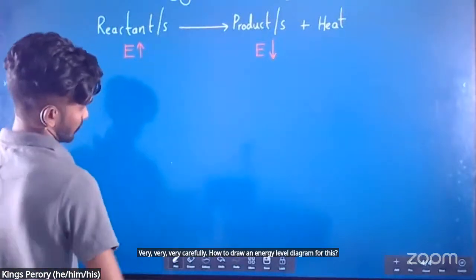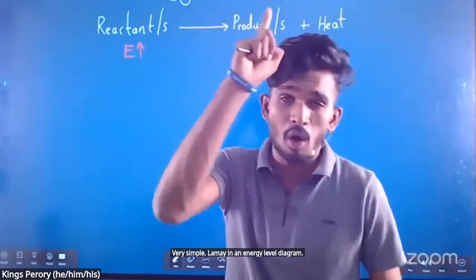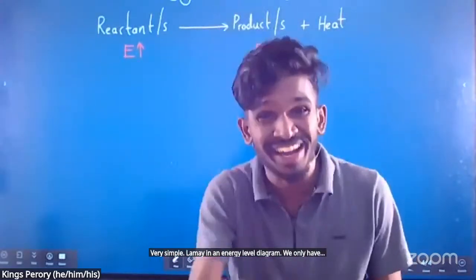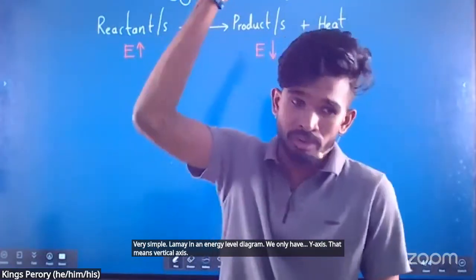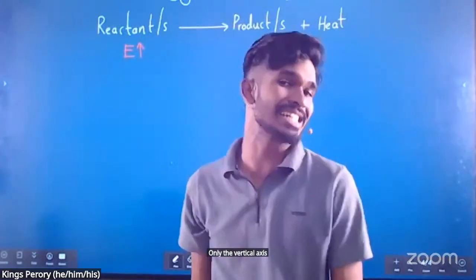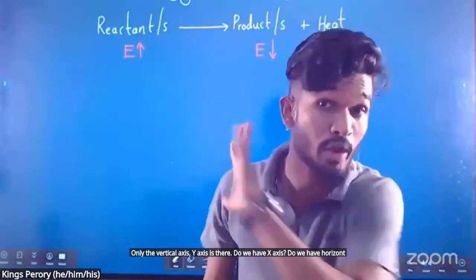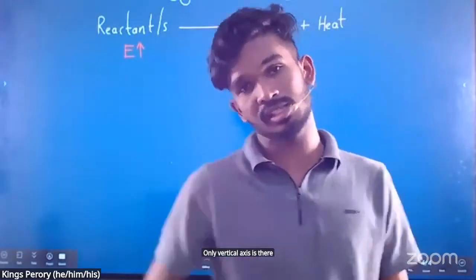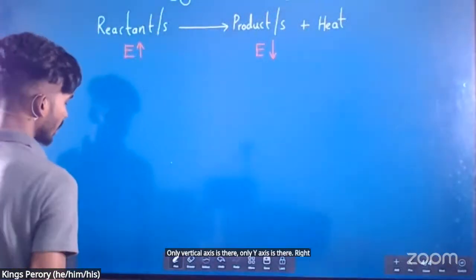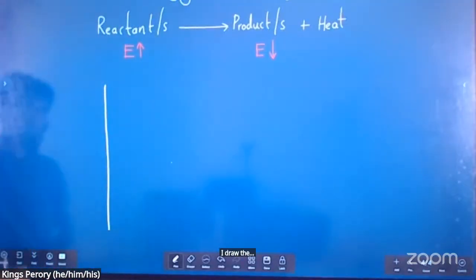Very simple. In an energy level diagram, we only have the y-axis. That means the vertical axis. Do we have an x-axis, a horizontal axis? No. Only the vertical axis is there. I draw the vertical axis.